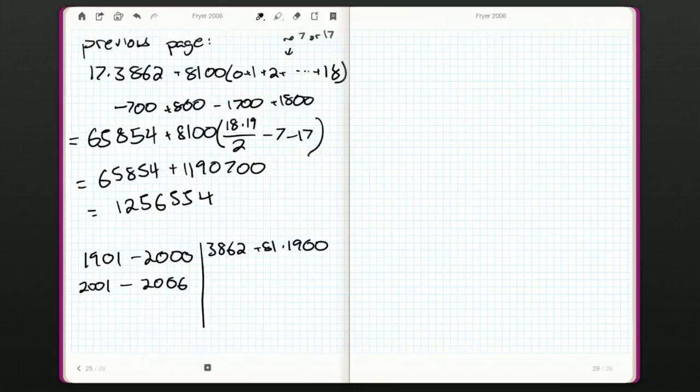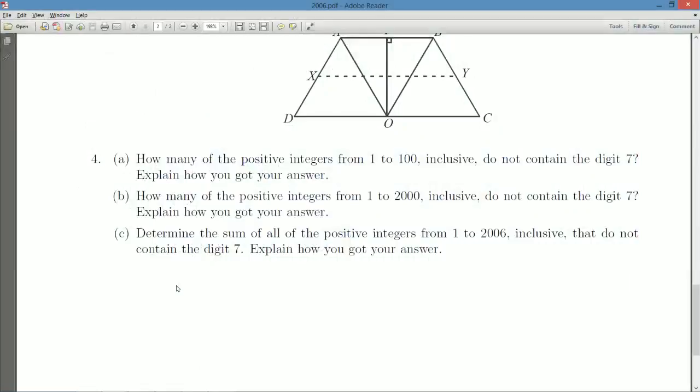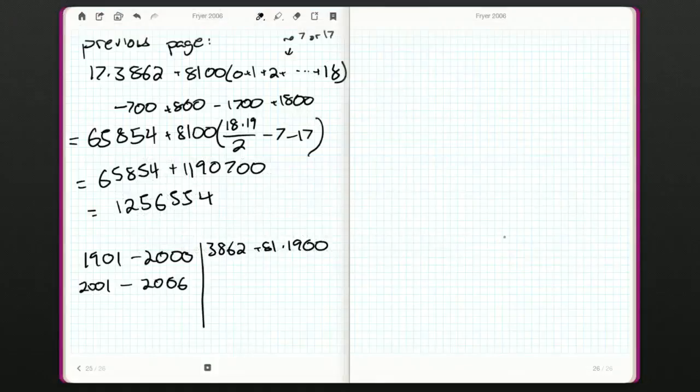Let's just double check that that's actually what the question was asking for. Right, up to 2006 inclusive. So the nice thing is that 2001 up to 2006, none of those have the number 7 in them. And we can easily work out that sum.